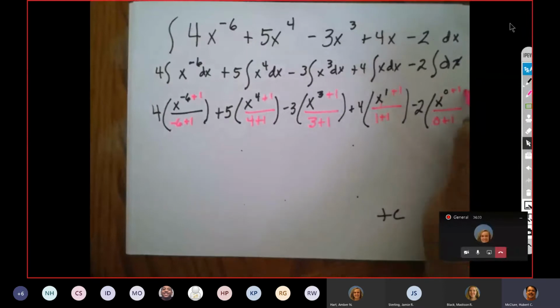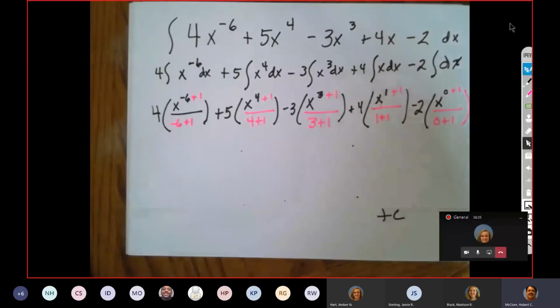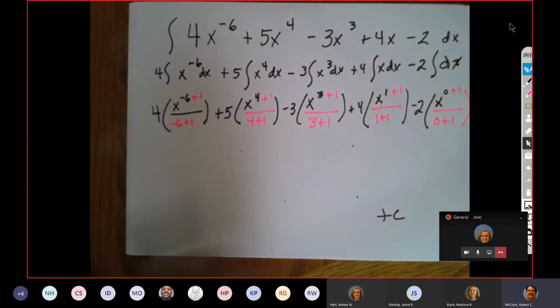And of course that c is going to follow the answer. And the reason I did that in pink again, that's going to represent the calculus because we just did the calculus.